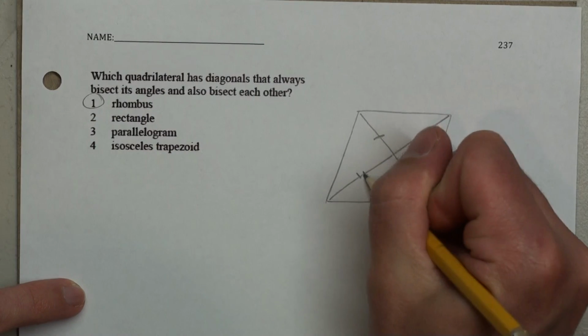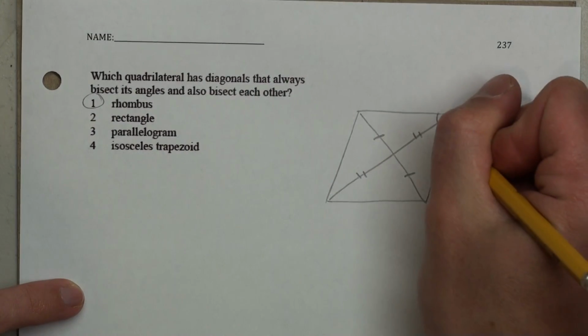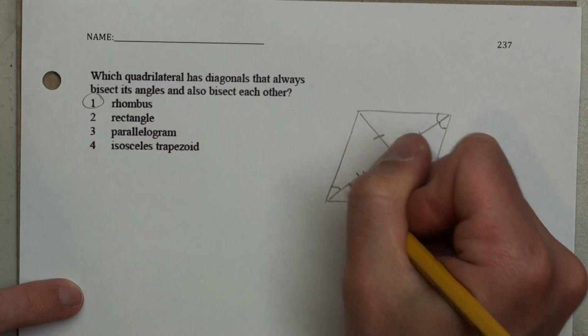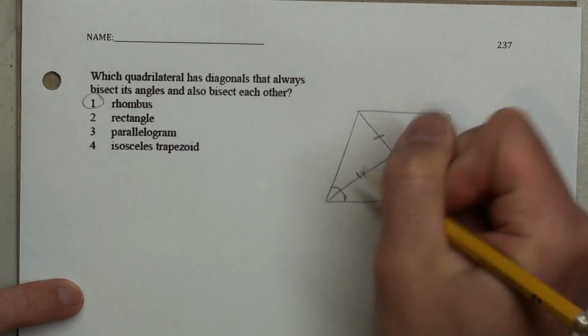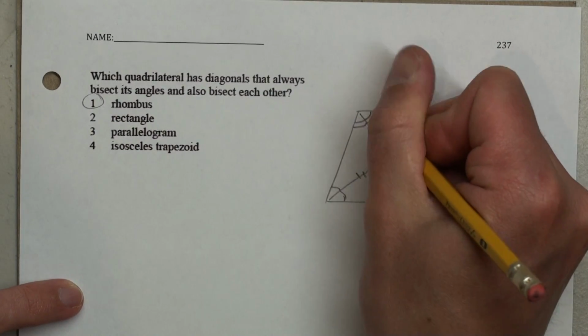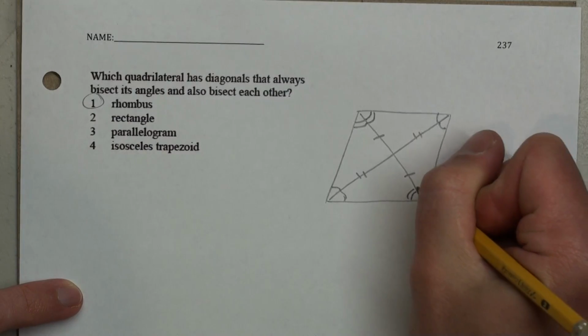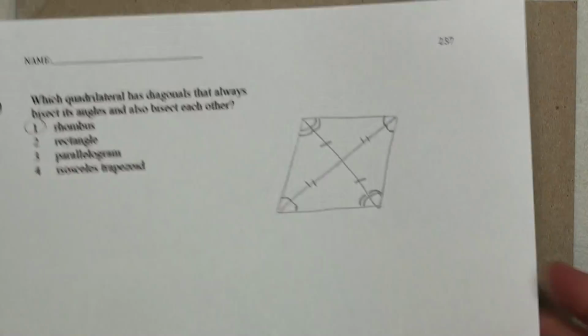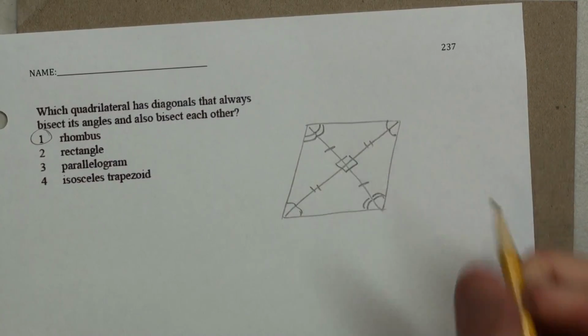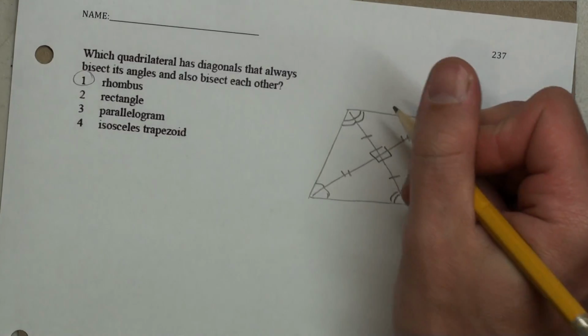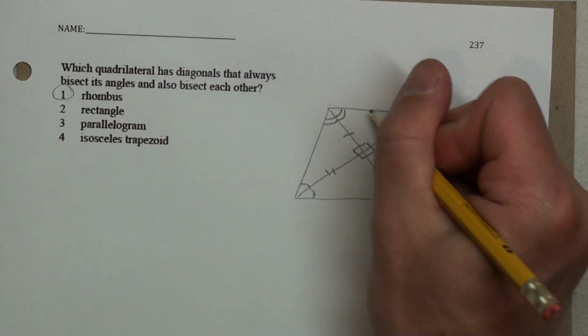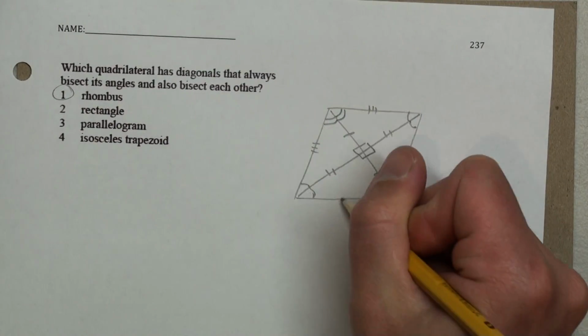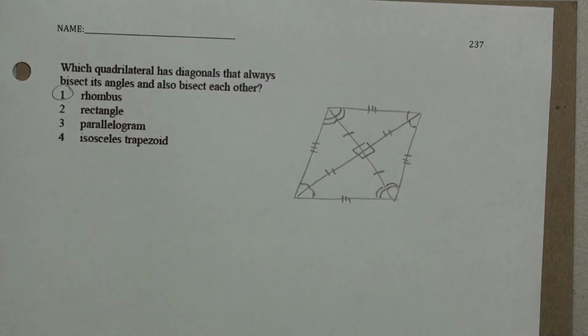This is congruent to this is congruent to this, and these two angles, the angles are also bisected in a rhombus. And if you want to put this in, they're also 90 degrees. Let's add one more thing here. Well, the sides are congruent in a rhombus.